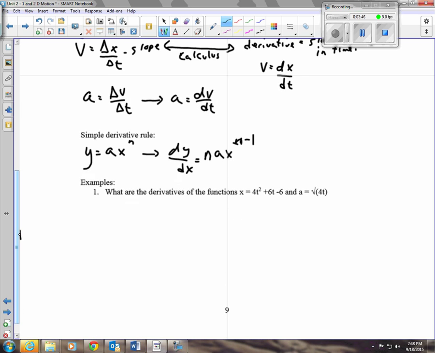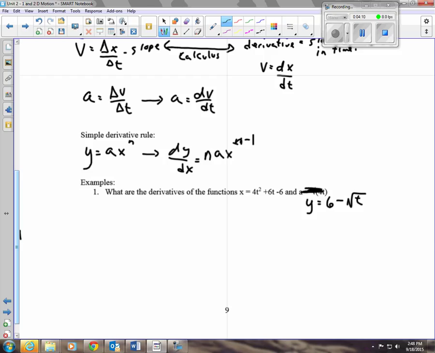So I'm going to do 2 examples here. Okay? And I'm going to change this one because I don't particularly care for it. I'm going to make this y equals root 6 minus square root of t.